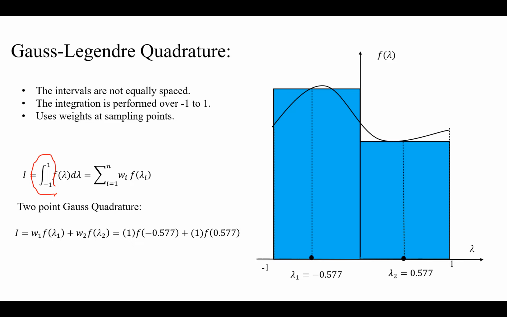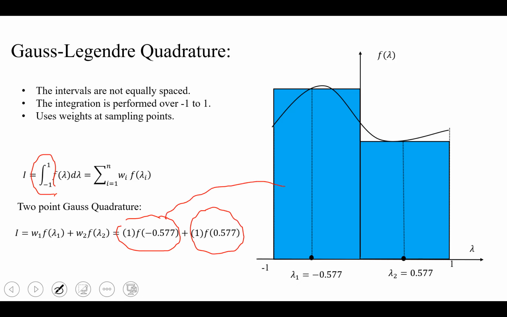So 1 times F at the first sampling point. This will give me the area of the first rectangle, and this is the area of the second rectangle. So this area and that area, I just added together.